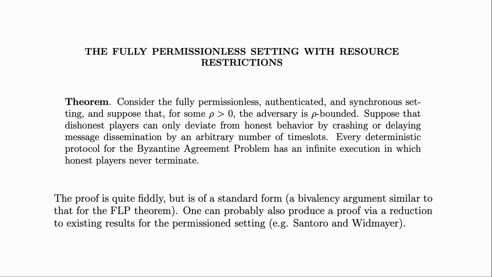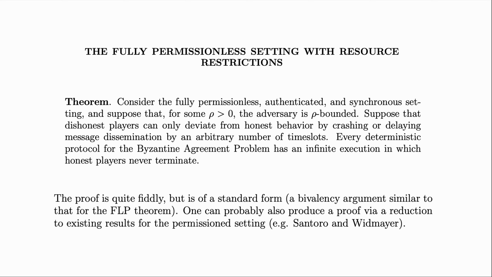The proof of this theorem is a little bit fiddly. In the paper we wanted to make everything self-contained, so we've written out a full proof rather than building on proofs in other papers. It's of a standard form though, so if you're used to bivalency arguments, then you won't find the argument surprising. Basically, it's a bivalency argument similar to that for the FLP theorem.